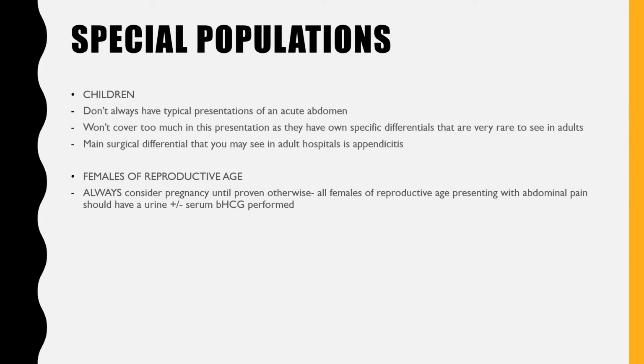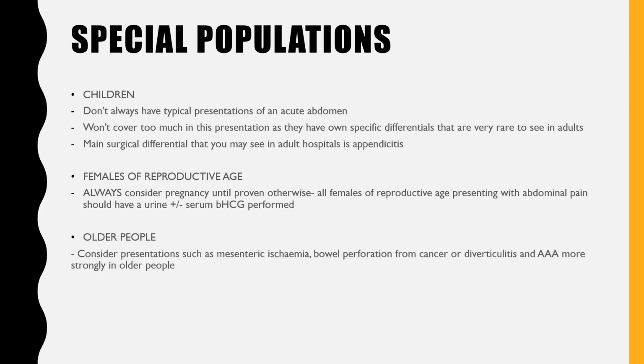So for all females of reproductive age who present with abdominal pain, you should do a beta HCG to check that they're not pregnant, as it will really change the direction of where you're going with your continued investigations and which teams you're consulting within a hospital. So that's the one thing I really want to stress, and is super important, that any female of reproductive age needs to have pregnancy ruled out before you continue on with your further investigations.